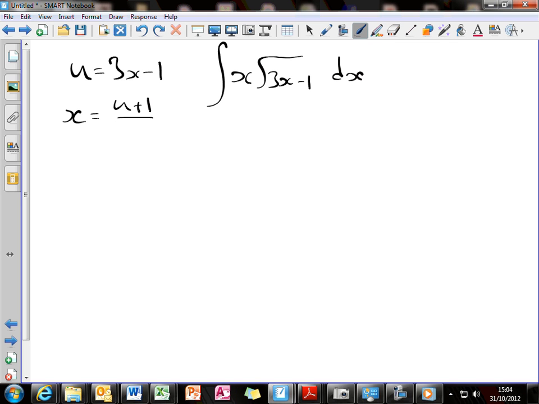I'm also going to have to get rid of this dx at some point, so I'm going to have to work out what that is. So to do that, I'm going to find du dx, which is just 3. So dx is du over 3. Okay, and now I can use these things to substitute in.